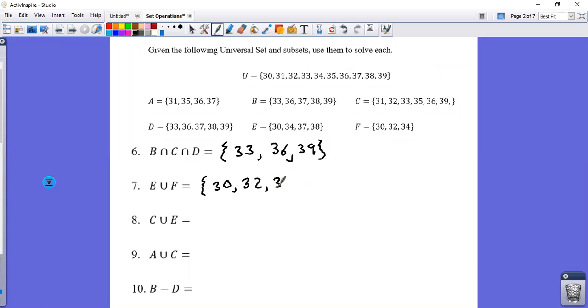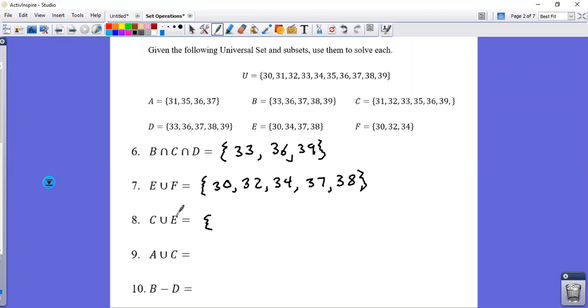There's a 34 in both of them, but that doesn't matter, just write it once. There is not a 35, not a 36, there's a 37, and there's a 38. So it's just taking E and F and combining them together. Just don't write things twice in a set. If 30 is in the set, I don't need to write it twice.